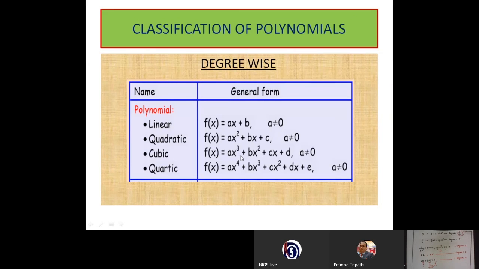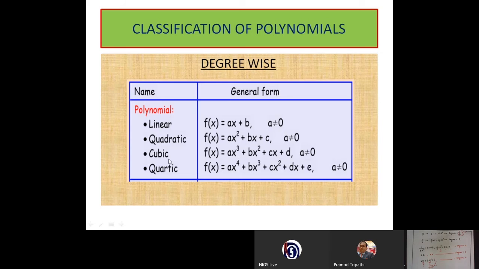In the second term bx square, the degree is 2 because the exponent is 2 here. In the third term cx, the exponent is 1, so the degree is 1. And the last term d is a constant, so the degree of this term is 0. So in all these 4 terms, the highest degree is 3. Hence, it is a cubic polynomial.